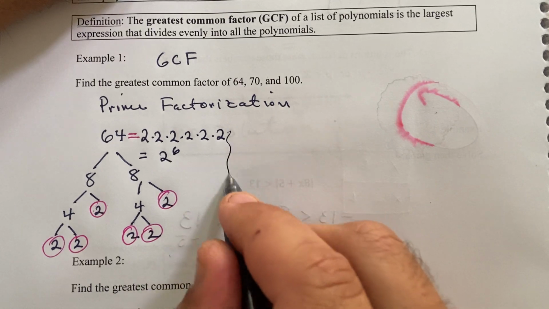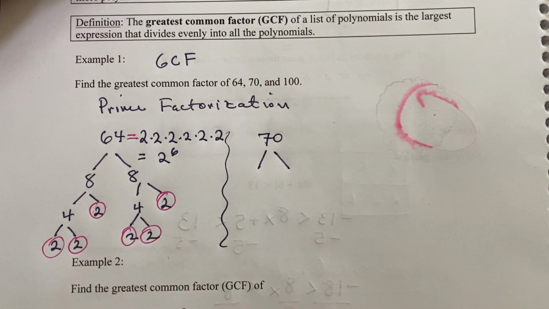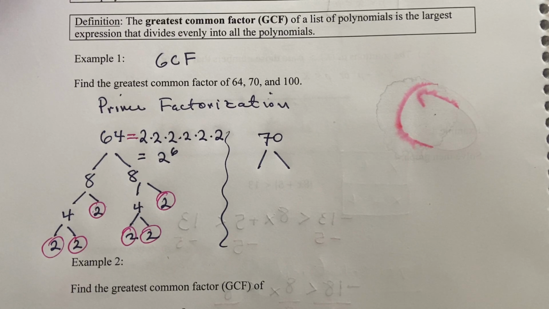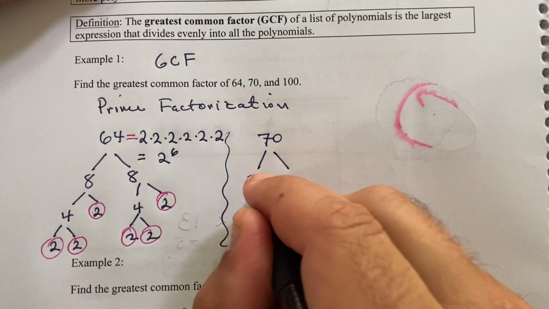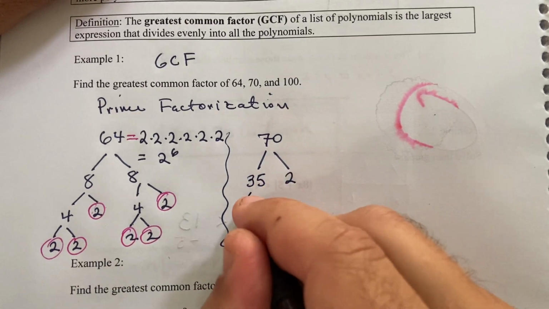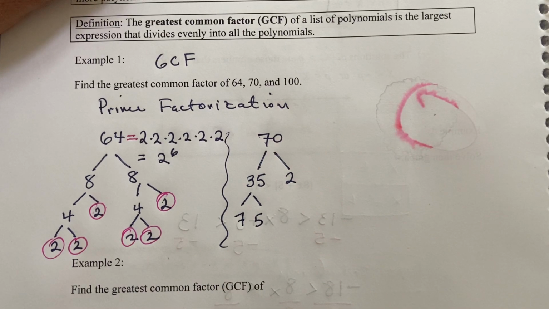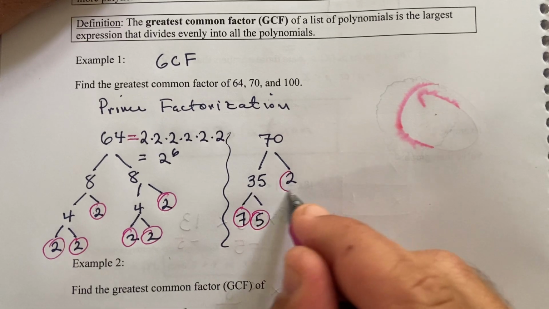I'm going to do a similar thing for the other numbers. So here's 70, factor 70, 35 and 2, right? Like I was mentioning before. 2 is already prime, then 7 and 5, right, for 35. 7, 5, and 2, these are all prime now.